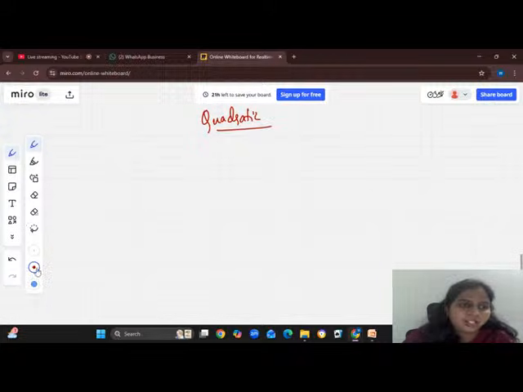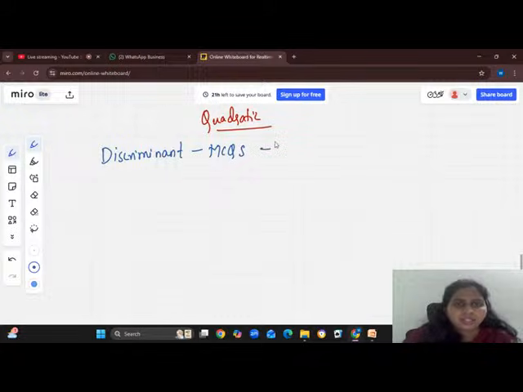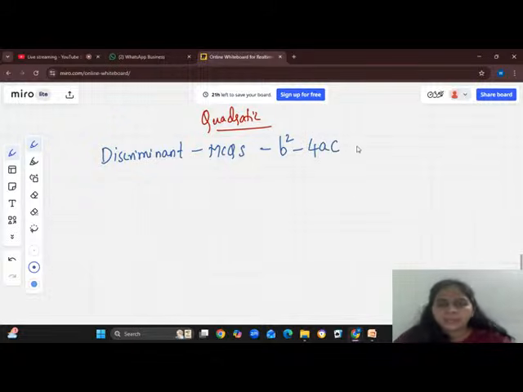The first thing is the discriminant. A sure question for your MCQs. Whenever discriminant comes into your brain, you have to write down b square minus 4ac. Okay, b square minus 4ac is your discriminant.